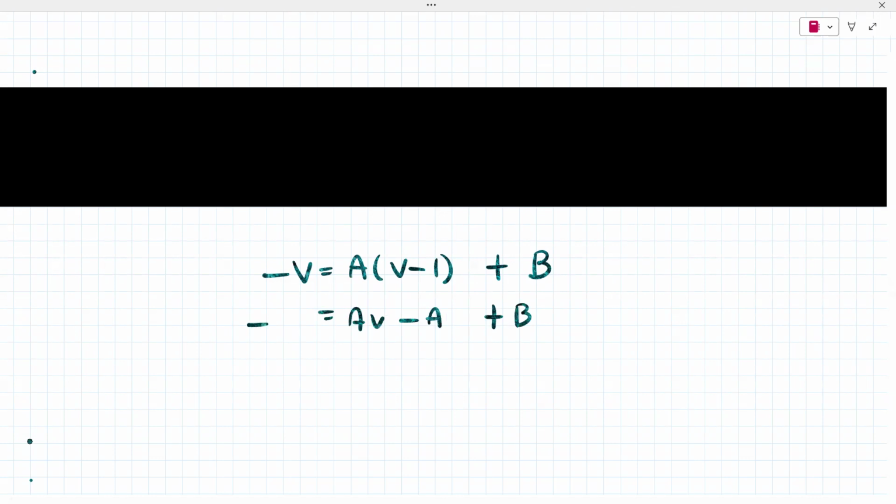And then you have negative v here. So this is one term, and then this is actually one whole term. So the av stays the same. This is plus negative a plus b.